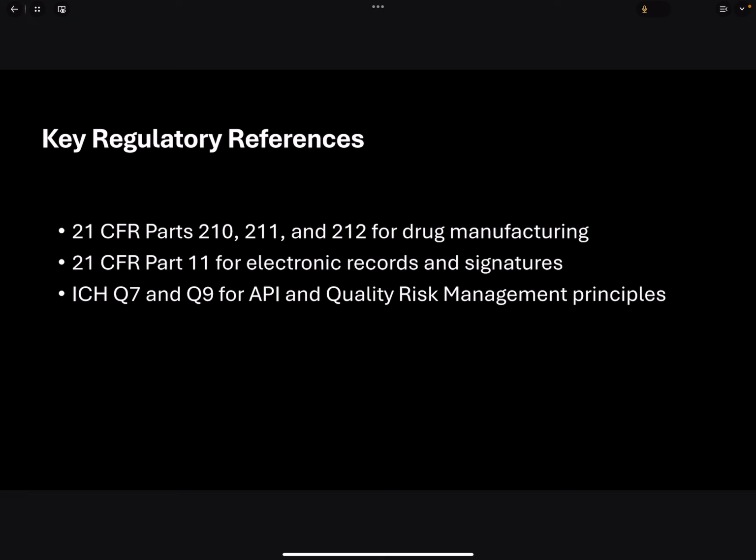If you are working with APIs or biotech products, ICH Q7 and Q9 also apply. These regulations make sure that no matter where or how data is handled, it remains reliable from start to finish.